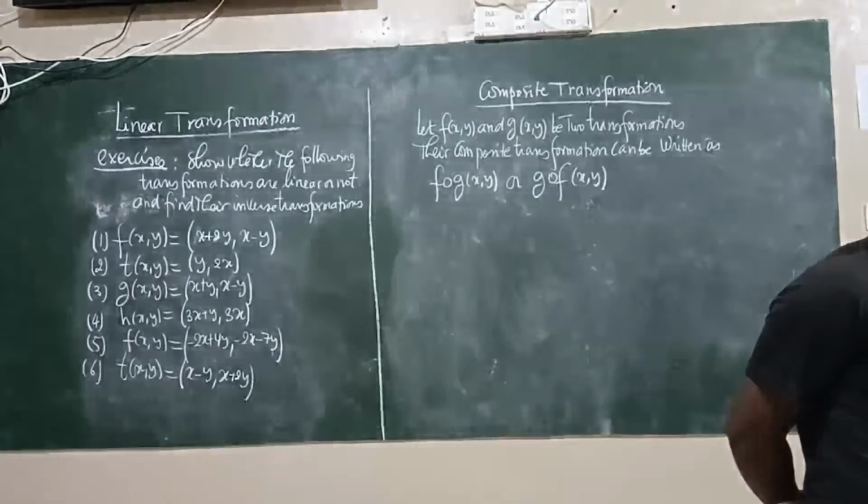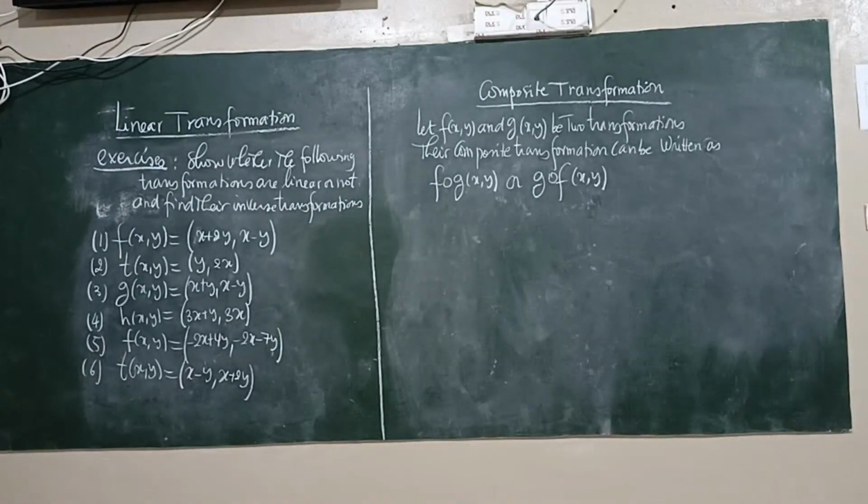So guys, how is f∘g(x, y) found? How is g∘f(x, y) found? This will be given by the product of the matrix of linear transformations, since both are 2 by 2 transformations.